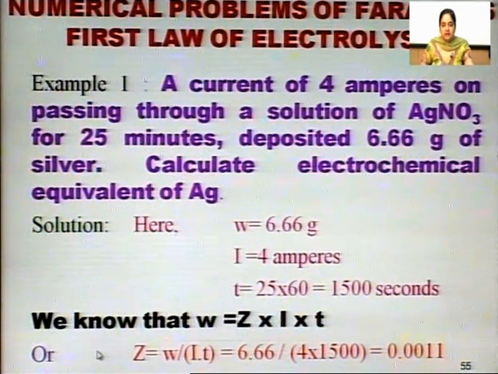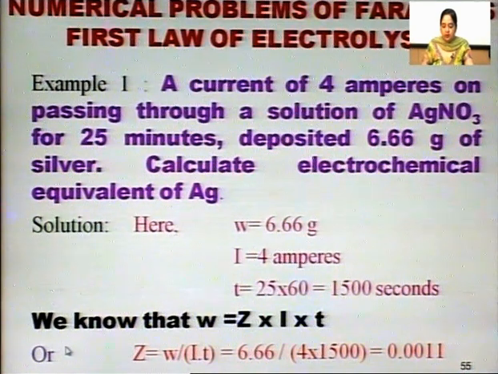So this is the value of the electrochemical equivalent of silver. So ECE of silver is 0.0011.